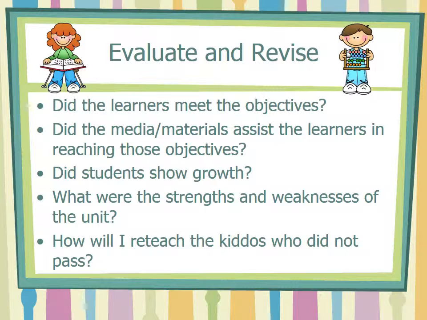Questions I will be considering in this step include: did the learners meet the objectives? Did the media and materials assist the learners in reaching those objectives? I will answer these questions by looking at the result of the assessment as well as reflecting upon notes taken throughout the unit. Students are given a district-wide common assessment to show how well they comprehend the curriculum within the unit.